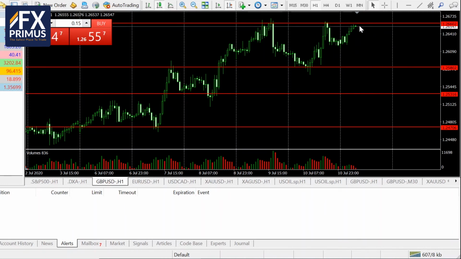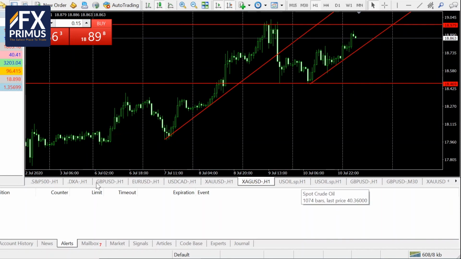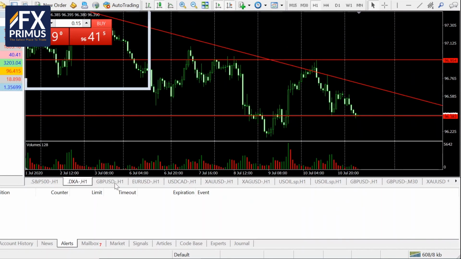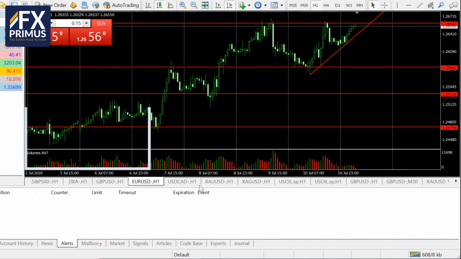So this is a big may. It could either test this and come back down, or test this and break higher. Either way, during the afternoon or the evening sessions, that is where we will know where the market is going to go. So that covers our US dollar index, our UK pound, our euro dollar.